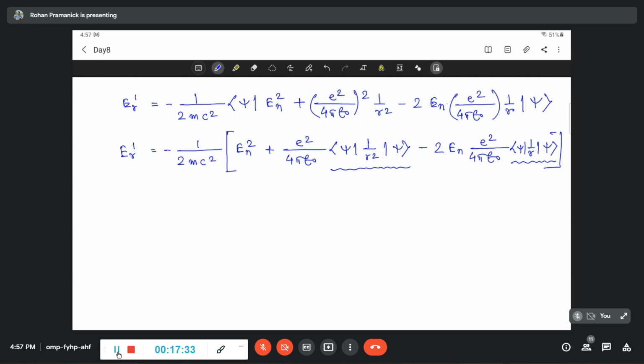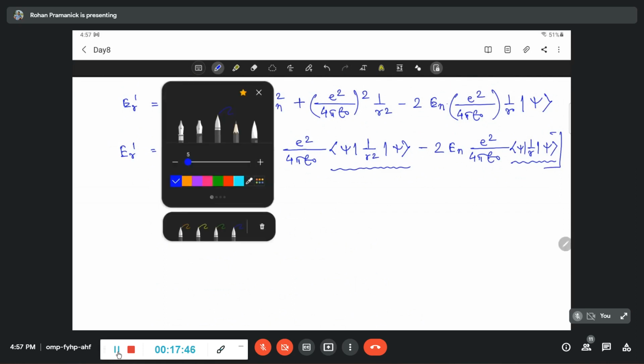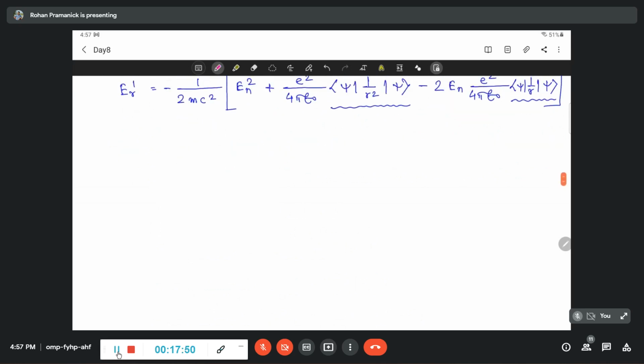So what I will now do is try to bypass this integral by using a trick that was first introduced by two famous scientists, which some of you have probably heard of. This is the Feynman-Hellmann trick. This thing is known as the Feynman-Hellmann theorem.